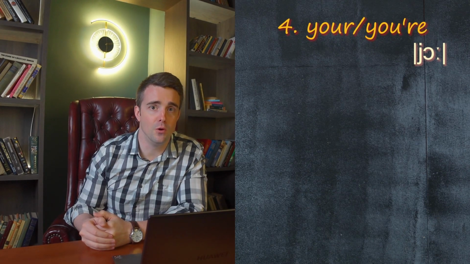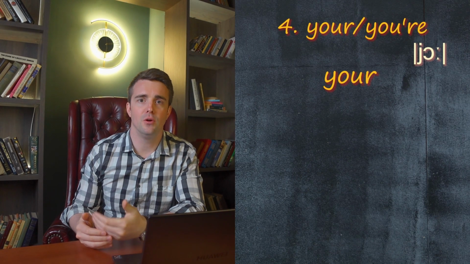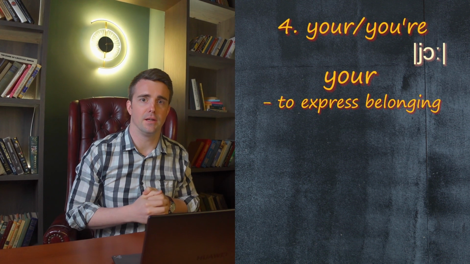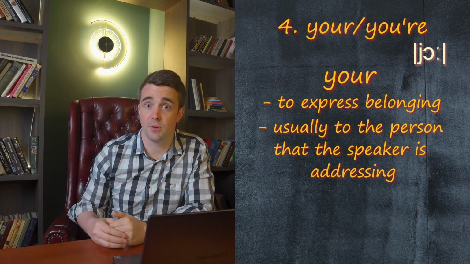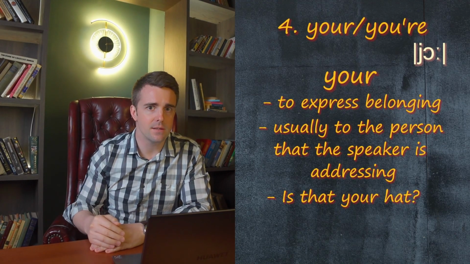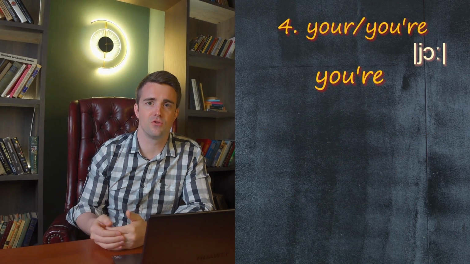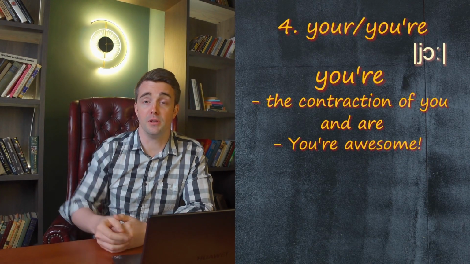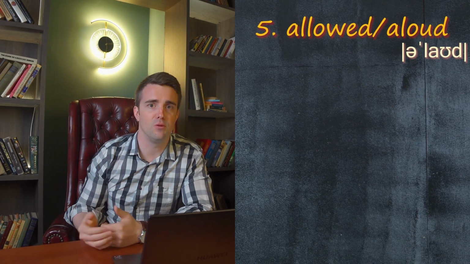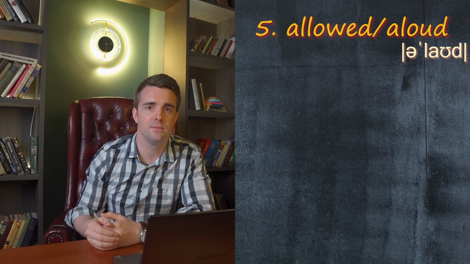Then we'll go to your and you're. Well, your is to express belonging, usually to the person that the speaker is addressing. So for example, is that your hat? And you're is the contraction of you are. So for example, you're awesome. Then we'll go to allowed and aloud.